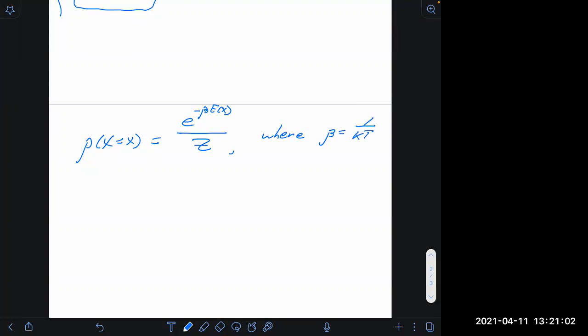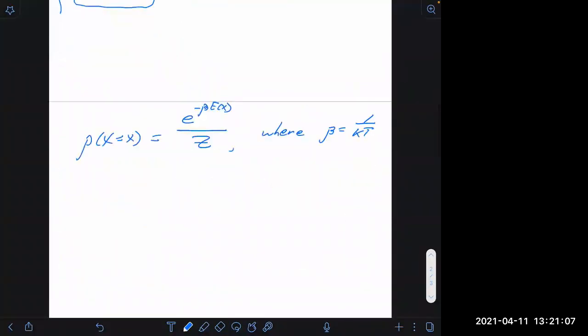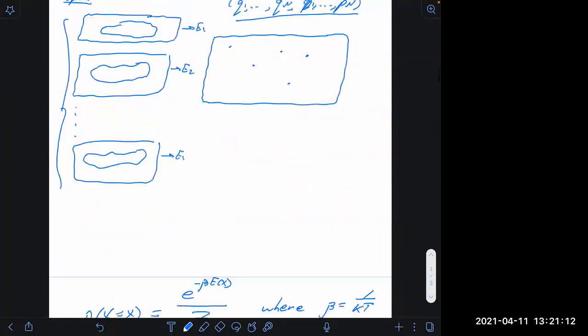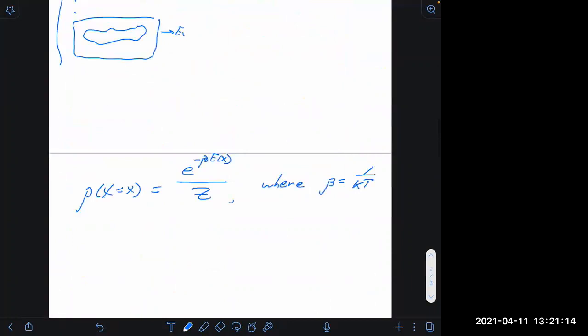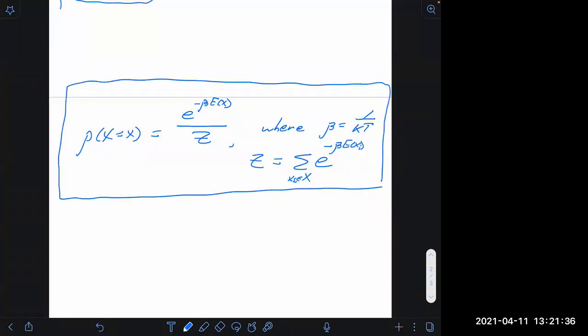It doesn't really matter what it is, but what does matter is that T is the temperature, in our case the temperature of the heat bath, because we're talking about thermal equilibrium. And Z, the normalization factor, is the sum over all possible numerators, over all states xi. Let's put this in a box because we're going to need it.